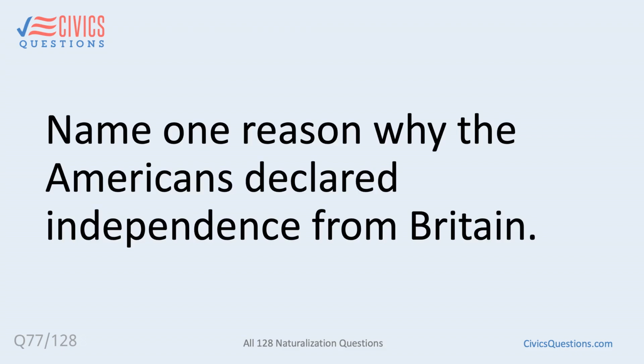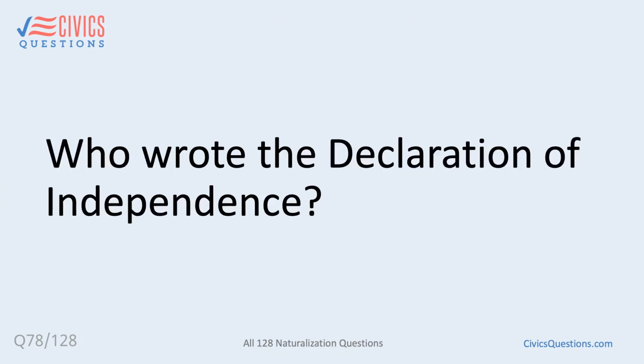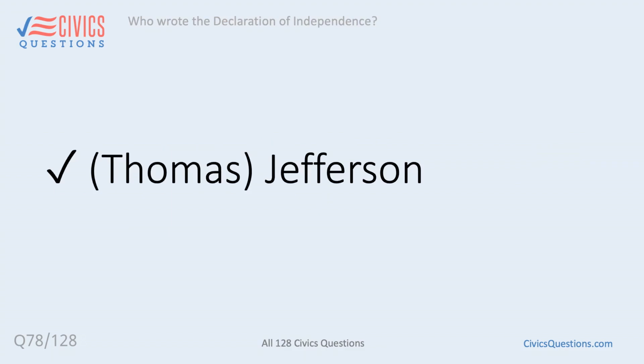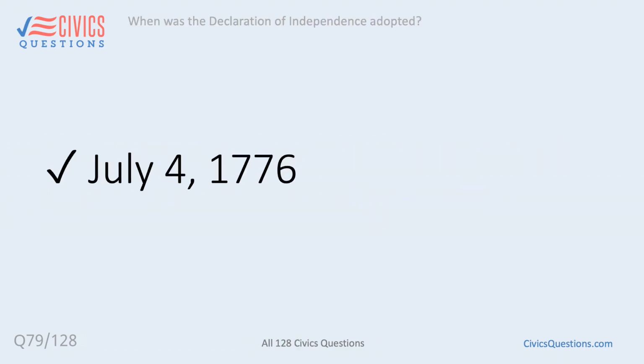Name one reason why the Americans declared independence from Britain. High taxes. Who wrote the Declaration of Independence? Thomas Jefferson. When was the Declaration of Independence adopted? July 4, 1776.